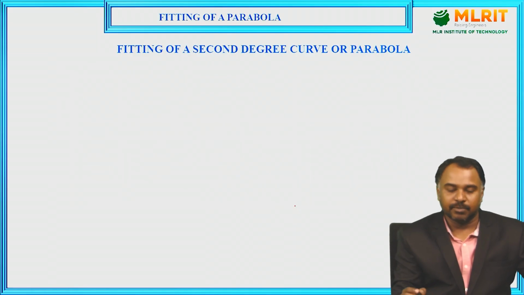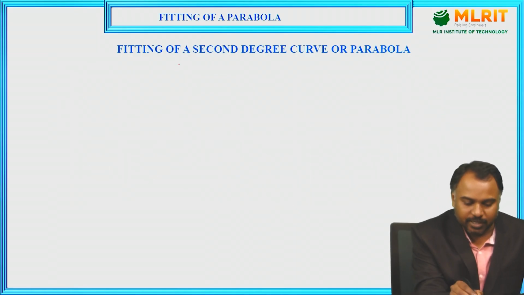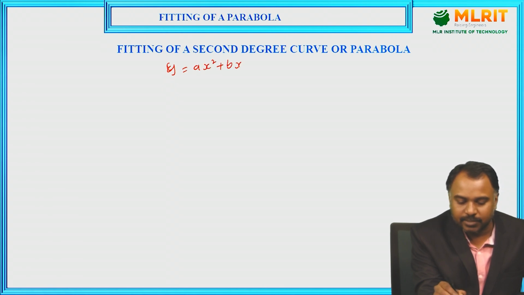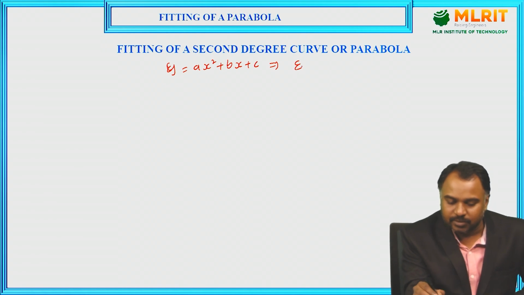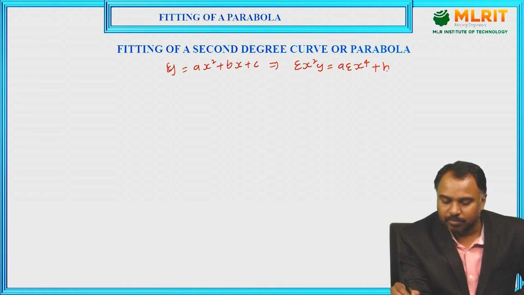So we are going to substitute in this particular equation. As we know, the equation we consider is ax square plus bx plus c. So the first equation is summation x square y, a summation x power 4 plus b summation x cube plus c summation x square.